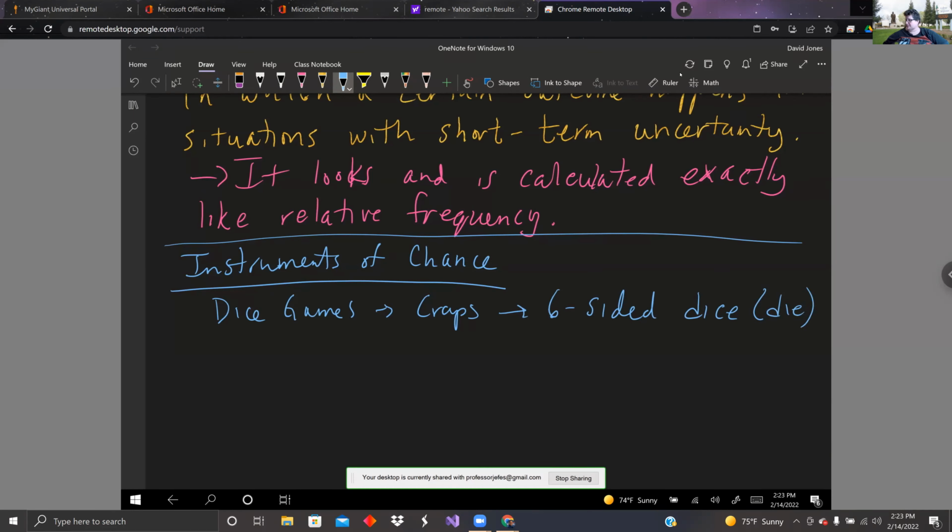They have card games, blackjack, poker, with a 52 card deck, sometimes with 2 jokers.